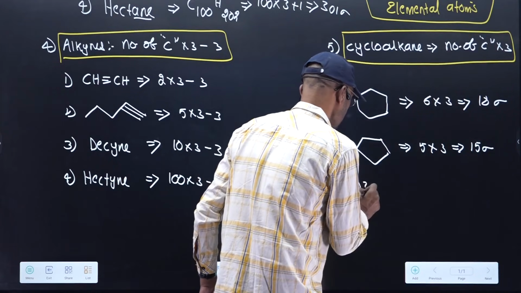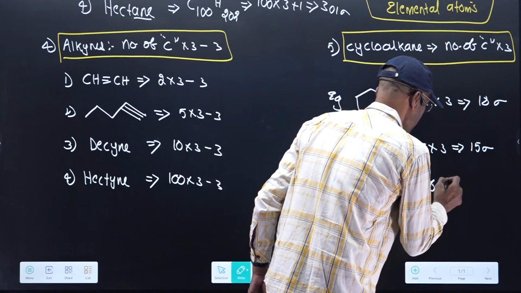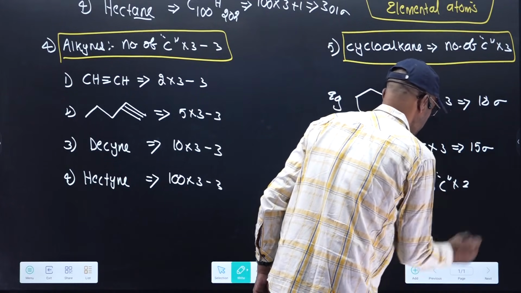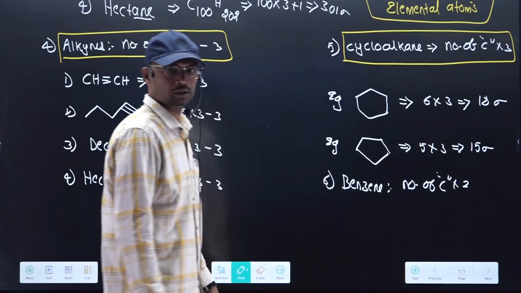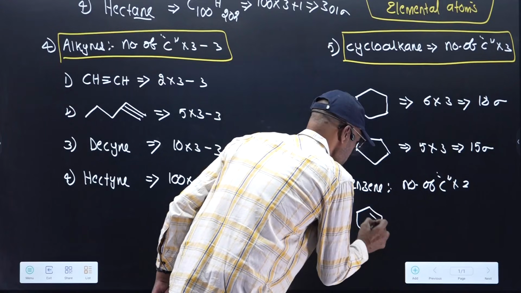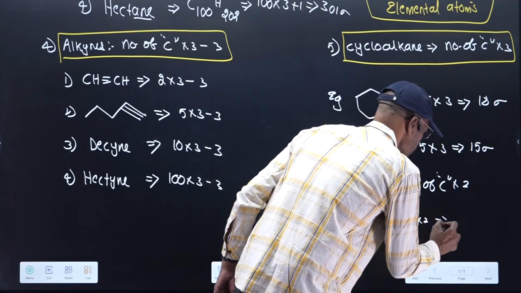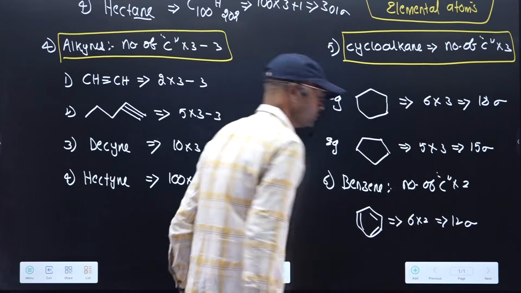Here see, if I take benzene, number of carbons multiply with 2. Benzene, number of carbons multiply with 2. So benzene carries how many carbons? 6 carbons. 6 into 2. How many sigma bonds? 12 sigma.